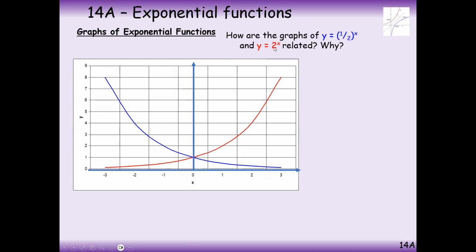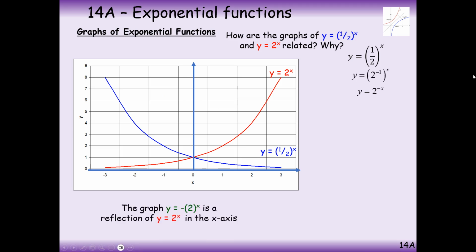So 2 to the power of x is the reflection of half to the power of x in the y-axis. I tried to explain that to you. If you have a blue curve, its reflection is obviously going to be 2 to the power of x.